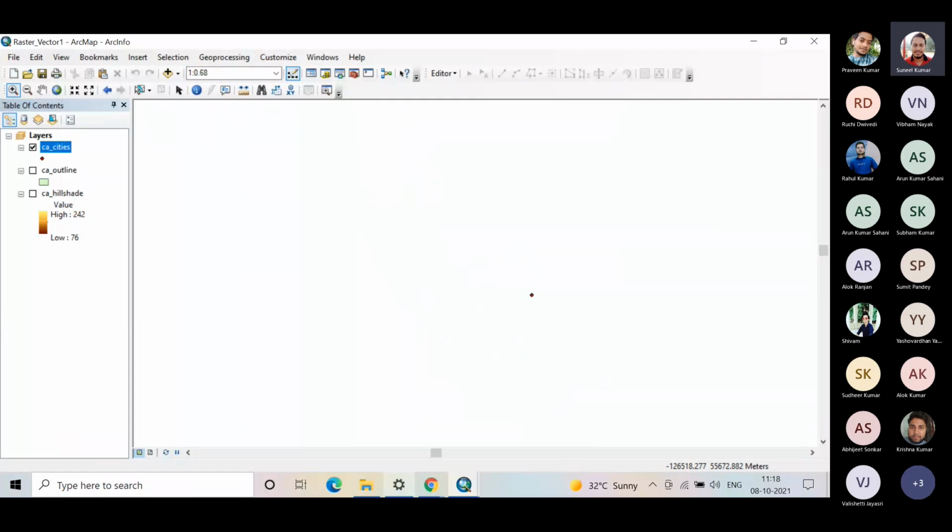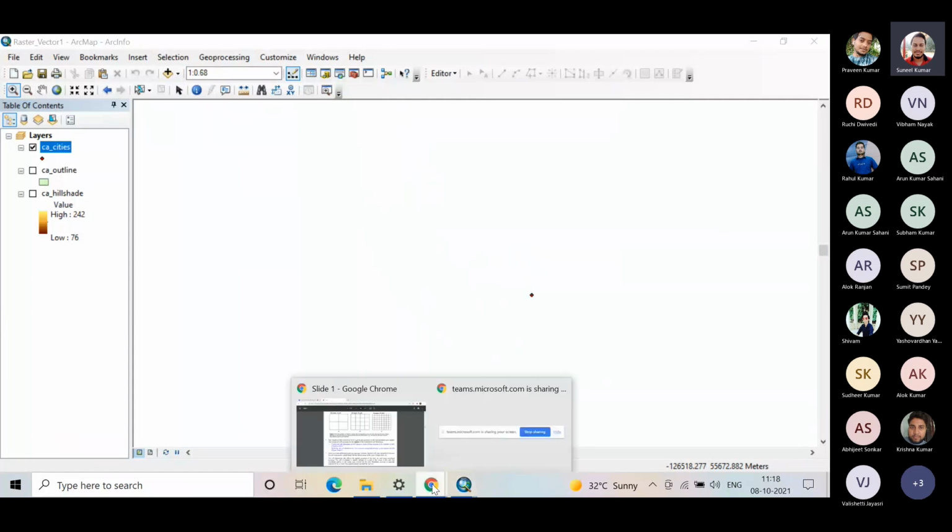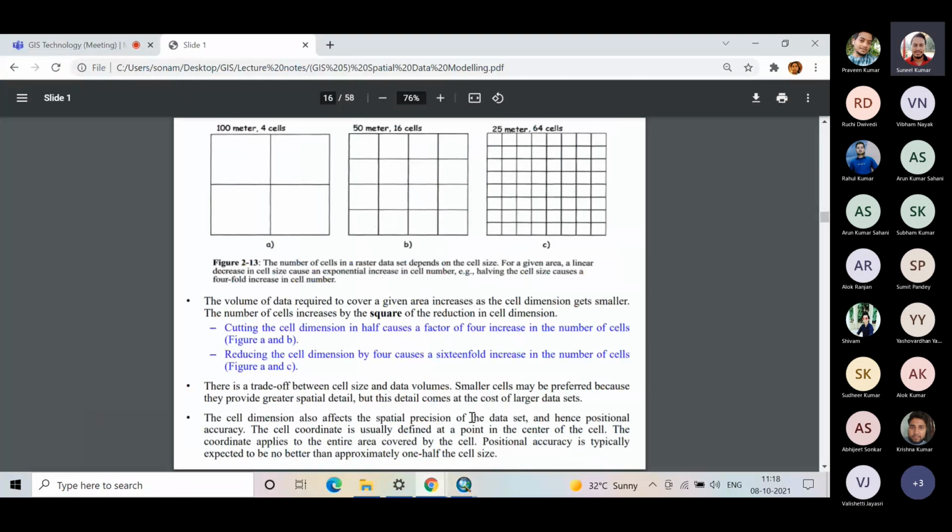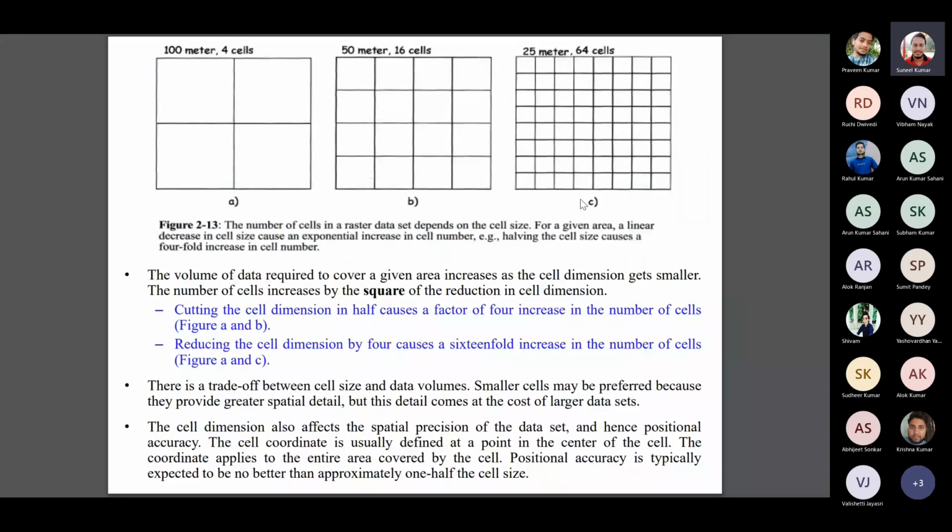So what we were discussing was positional accuracy. In case of raster data, when we say that there is a cell, there is a point, it is actually not a point, it is also going to cover some area. Like for a 25-meter cell, it will cover an area of 625 square meters. For a 100-meter cell, it will cover an area of 10,000 square meters. So if you place any point, there will be a deviation of that much area.